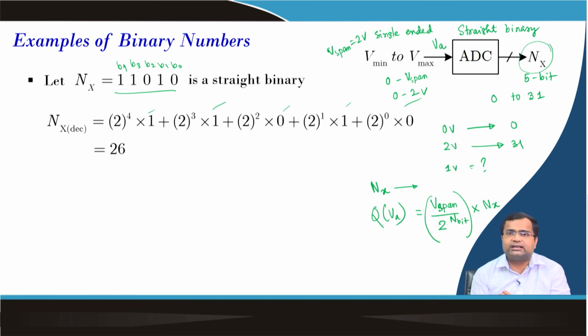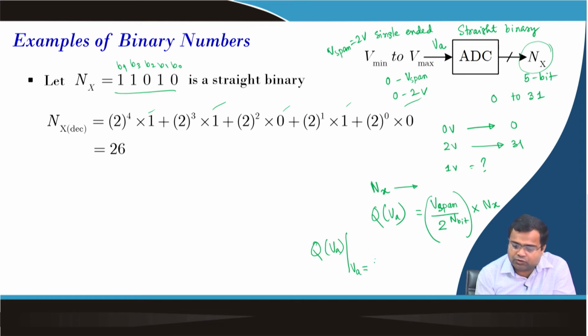the quantized voltage is 0 because the analog voltage is 0. But if the analog voltage is 2 volt, which is maximum, then we are getting Nx to be 31, which is the upper limit. Then what will be the quantized voltage? For V A equal to 2 volt, the quantized voltage will be equal to, what is the span?